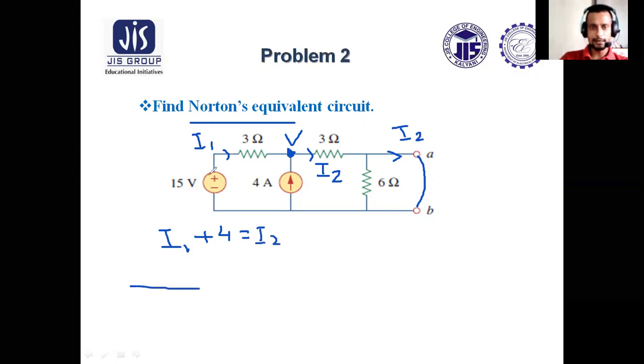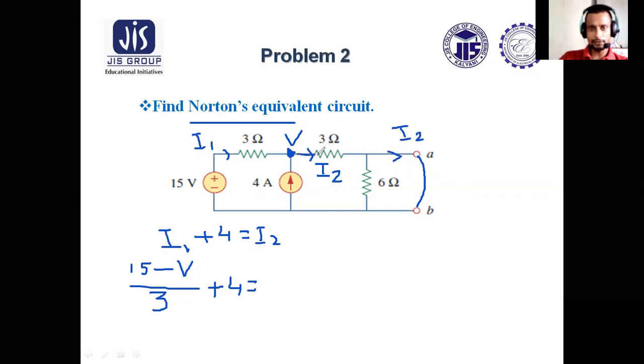Now what is I1? I1 is (15 minus V) divided by 3.